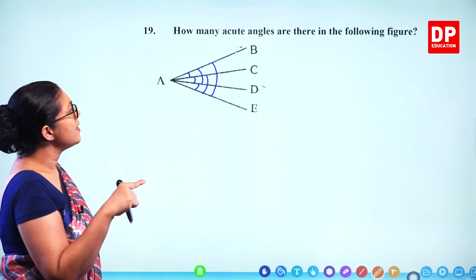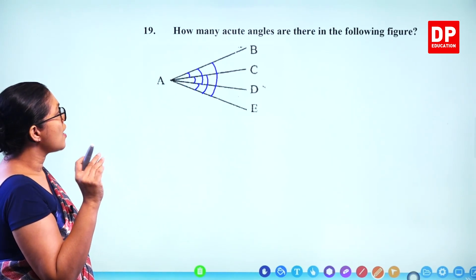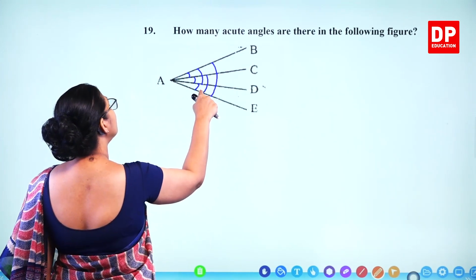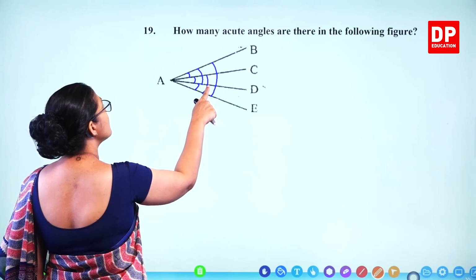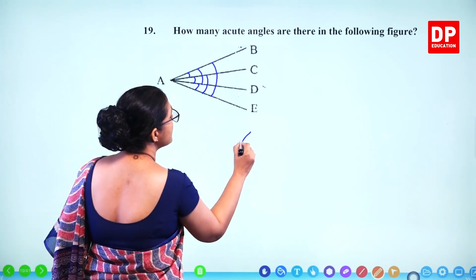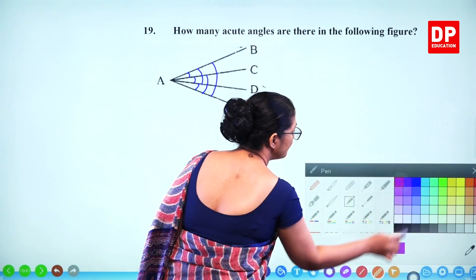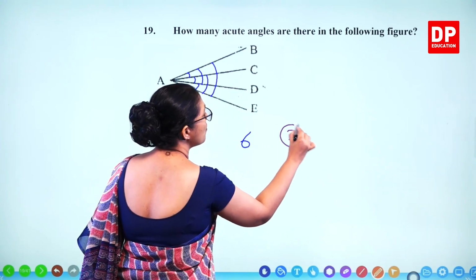That's possible. That's an acute angle. Starting from smaller one, small 3, then 2, and then 3. So 6 altogether. 6 acute angles are there. So you get 2 marks.